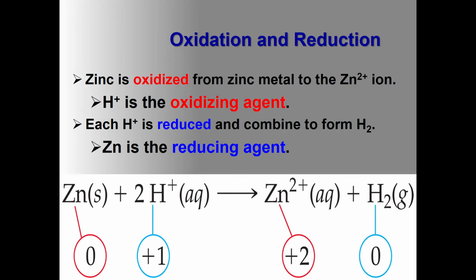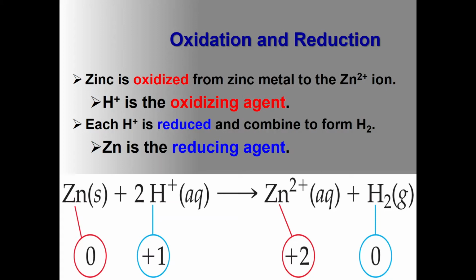So, from this equation, we can see zinc is oxidized, from zinc metal to zinc 2 plus ion. It is losing electrons, or its oxidation number is increasing. Each H plus ion is being reduced to combine to H2 gas.